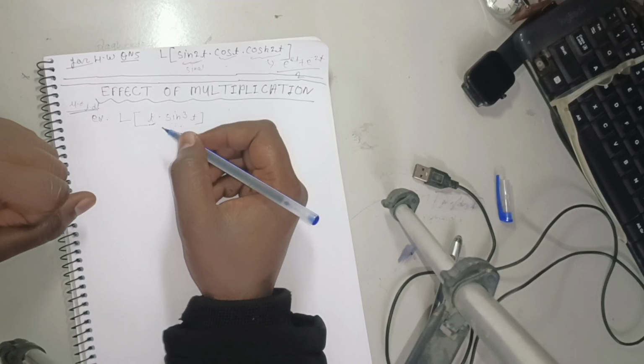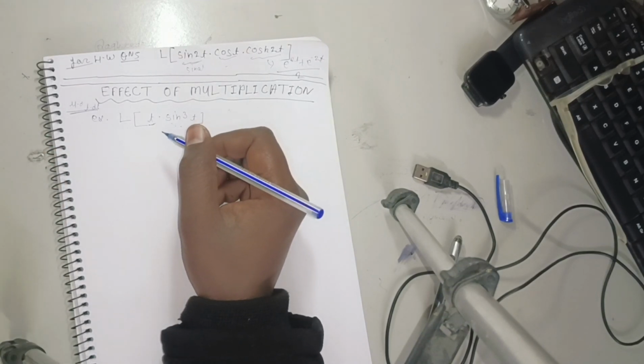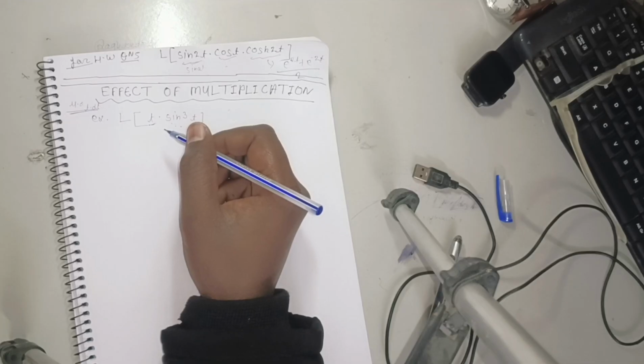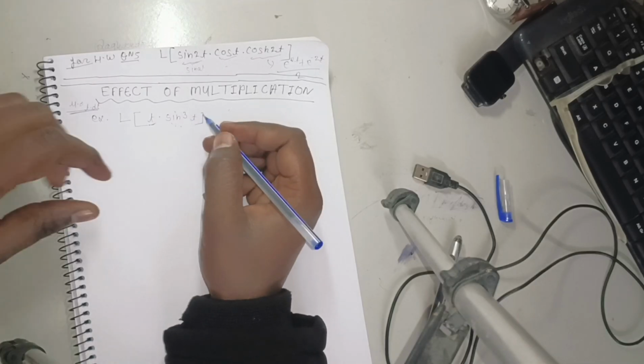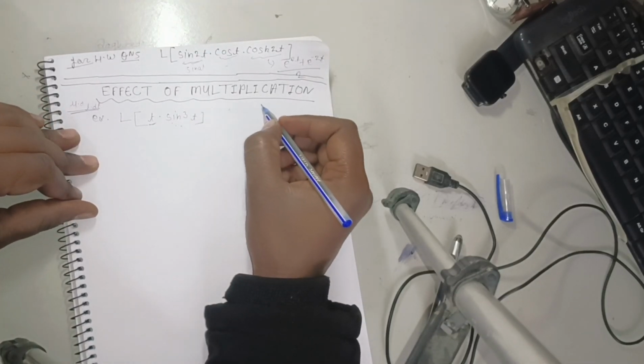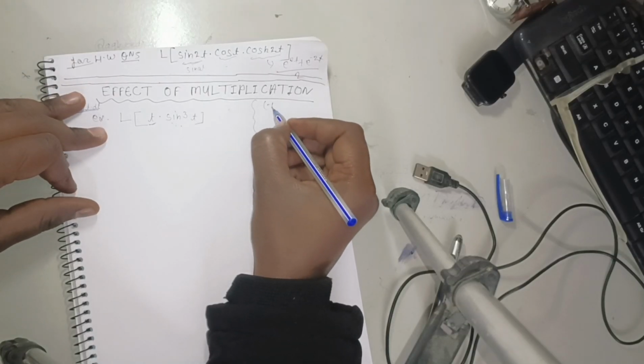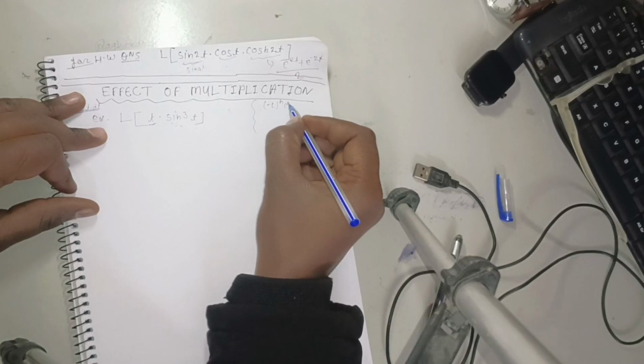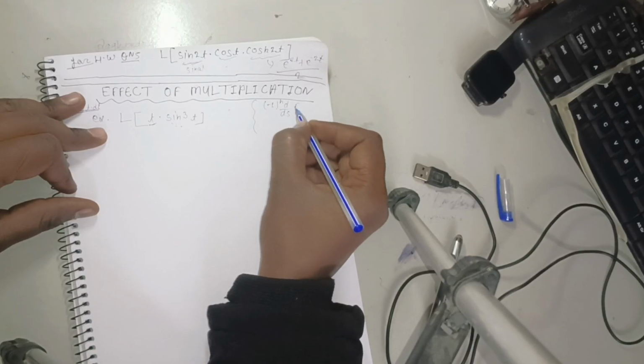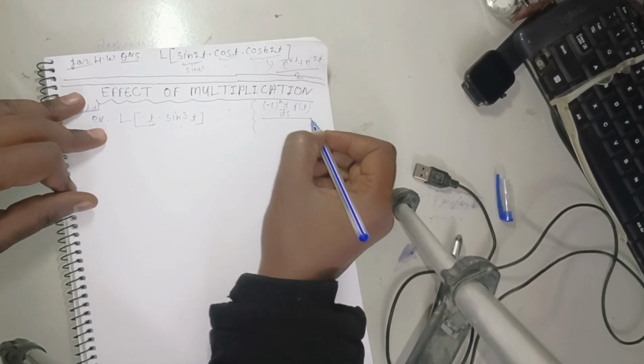So basically, the concept of multiplication is minus 1 to the power n into d upon ds of the Laplace of f of t, the function of t which is given. So this is the concept.